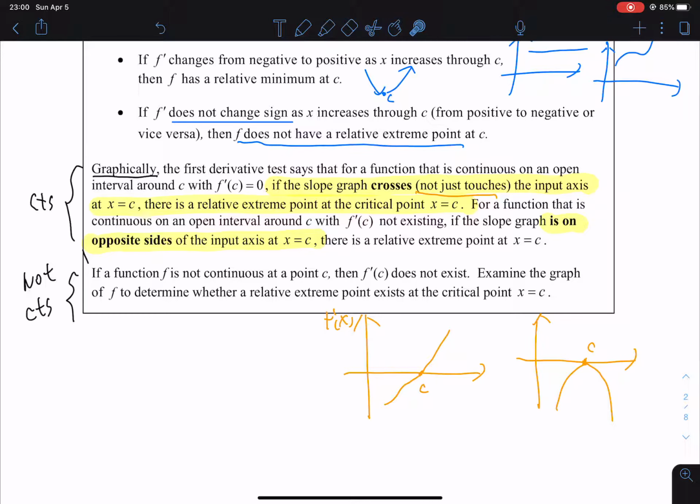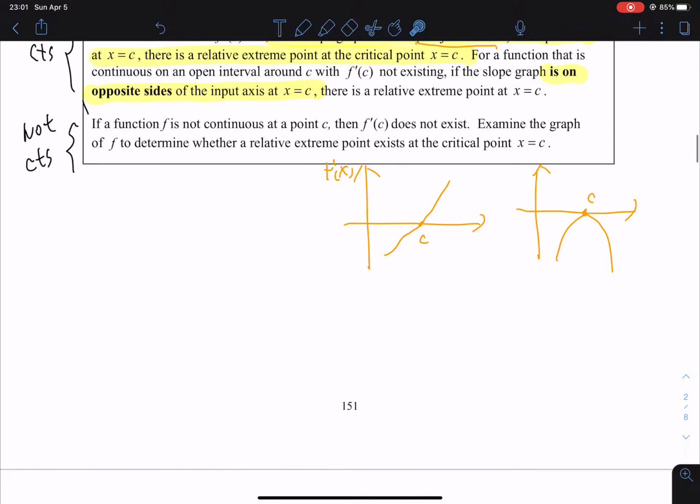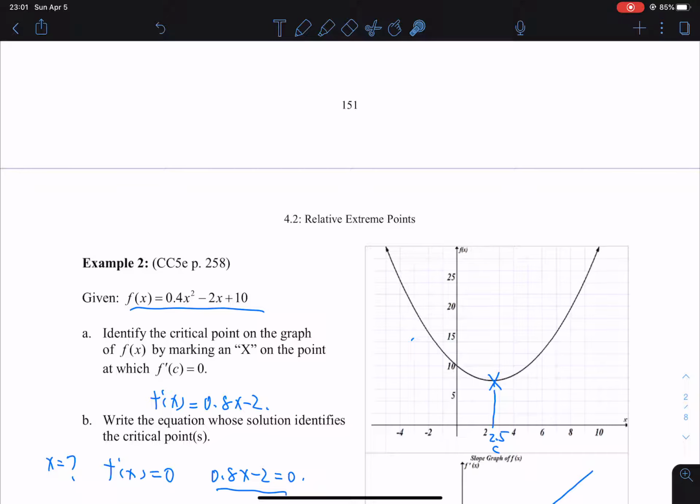In other words, the function is not differentiable at point C. So in this case, you can just examine the graph. Because if this condition is not satisfied, it is still possible for the critical point to be a relative extreme point. So you still have to check the function graph to see if this point is a relative extreme point. So that's all for section 4.2.